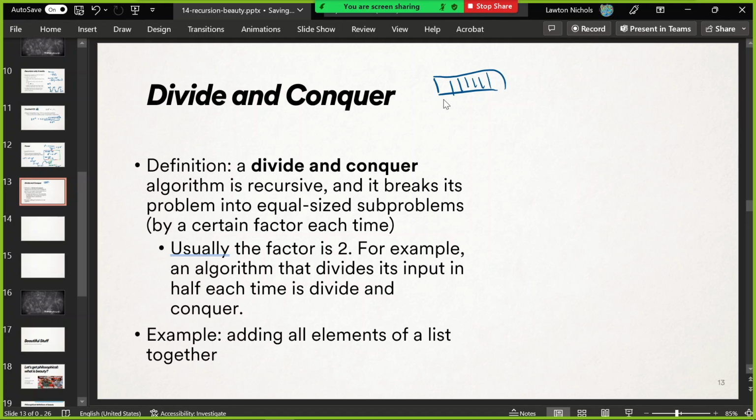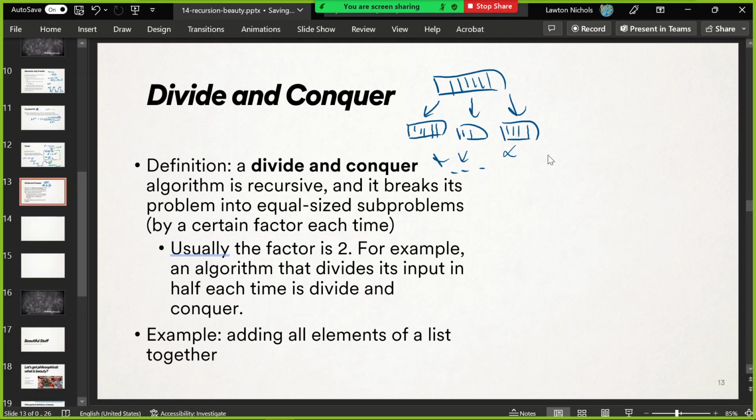A divide and conquer algorithm, maybe if its factor was 3, it would split this up into 3 separate parts of the list, 1, 2, 3, about the same size, as close as possible. And then it would go off and it would solve those, okay?